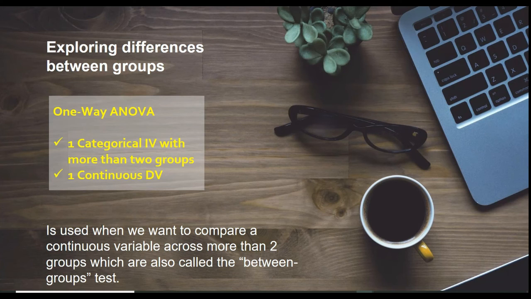So maybe you ask, why not compare groups with multiple t-tests? Because every time you conduct a t-test, there is a chance that you will make a type 1 error. This error is usually 5%. By running two t-tests on the same data, you will have increased your chance of making a mistake to 10%.